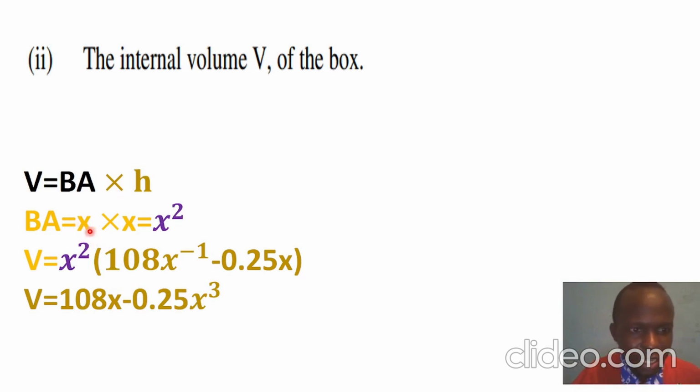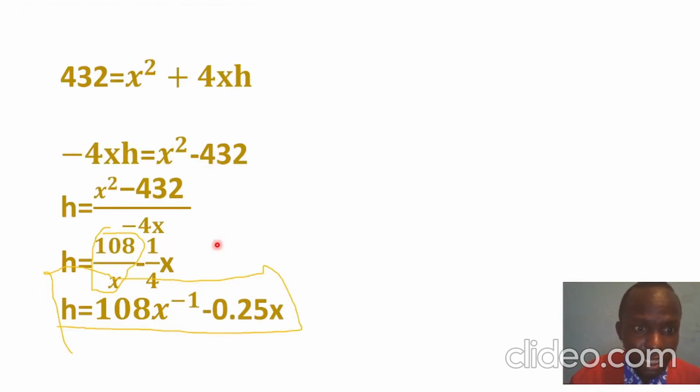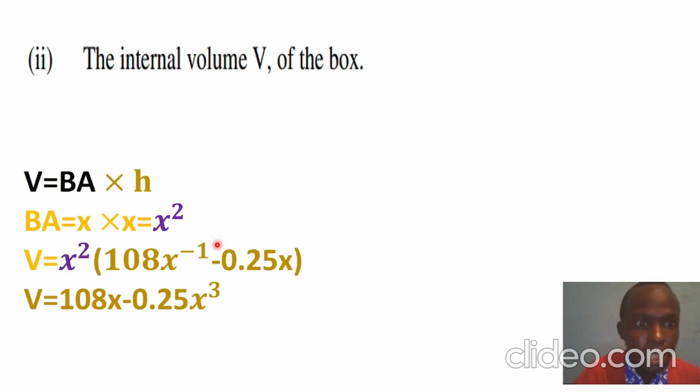So where is the base area? Let us go back to the diagram. This is the base area, x times x, so the base area is x squared. The base area times the height will give us the volume. But what is the height?